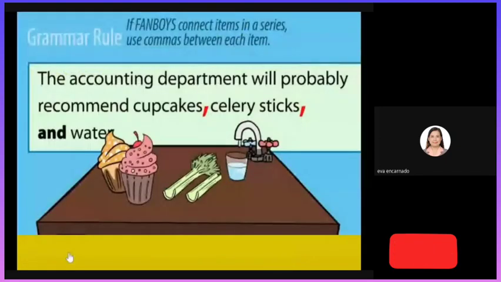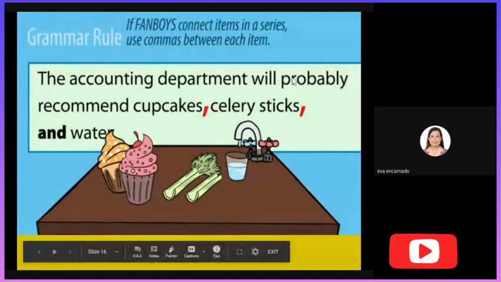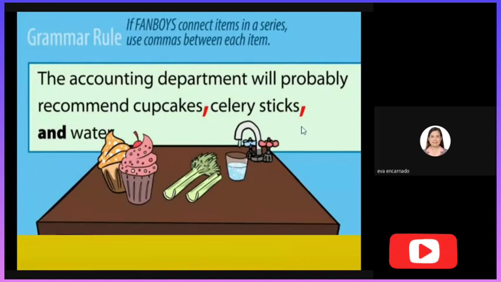Okay, next, the accounting department will probably recommend cupcakes, celery sticks, and water. Because this is a series of items, we need to put a comma after each item.